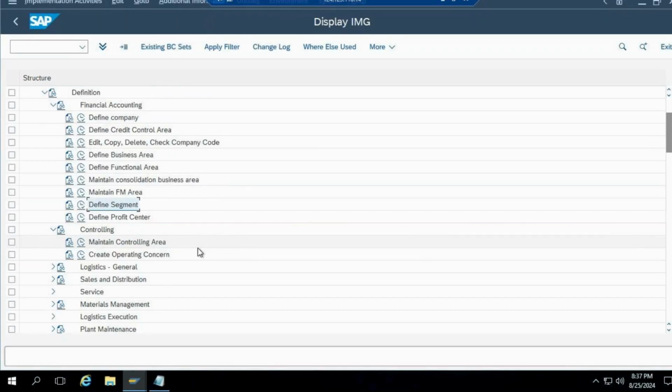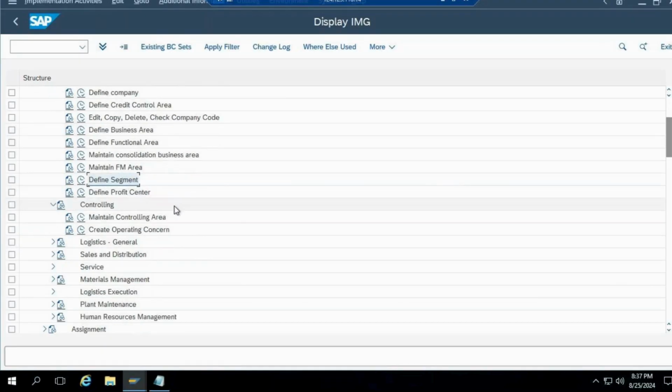Let's say there are some expenses or some charges which you want to post to cost centers. If you want to update anything in the cost center, you need to implement the controlling area, because in the controlling area you activate the different indicators and different tools of controlling. So a cost center account cannot be implemented without creating a controlling area.